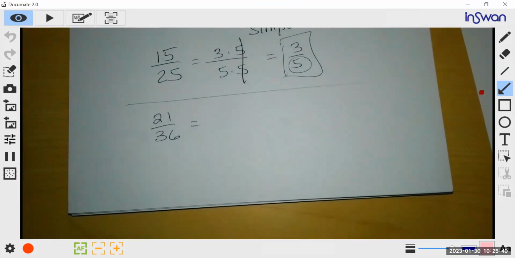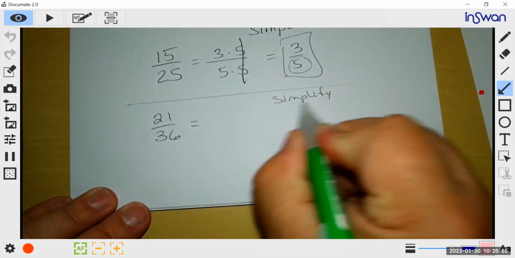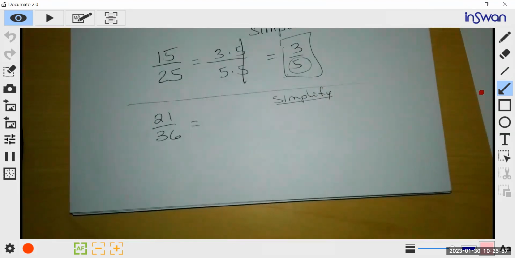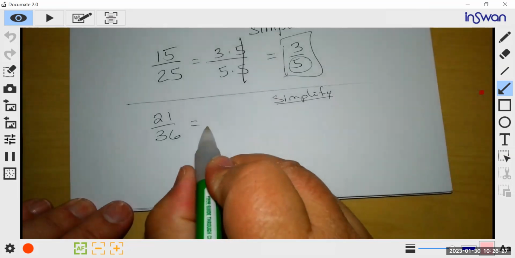Simplify that one. Again, what do you start off with?